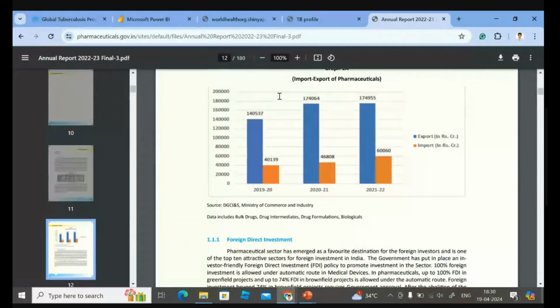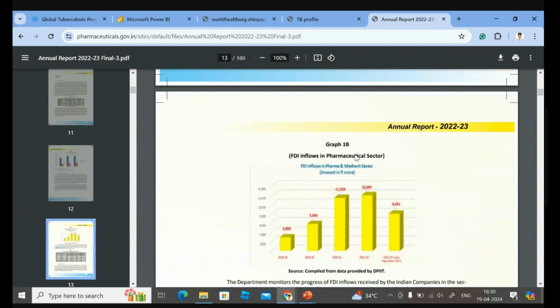How many exports and imports have happened? Look at this data that you are able to get. It's a simple bar chart, and you are comparing three years. The exports have been more and imports have been less. That's good news. More export means India is able to send more drugs outside the country.